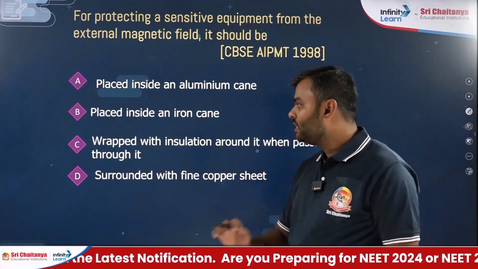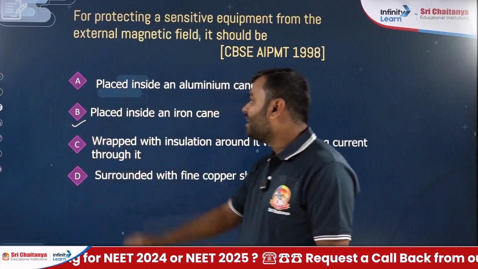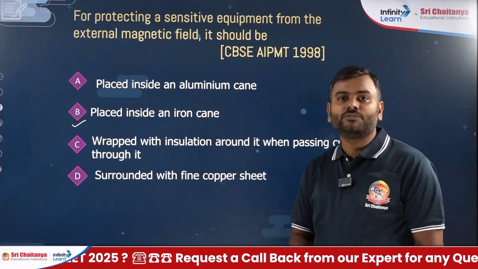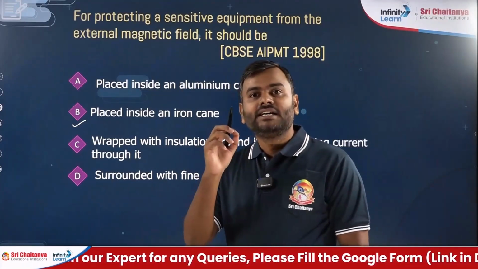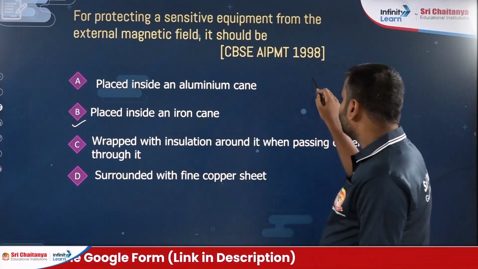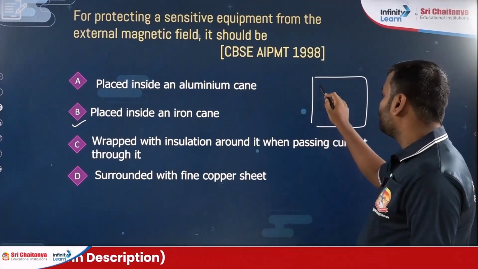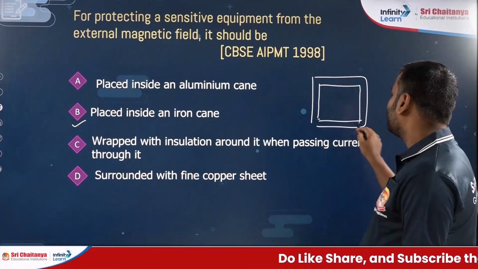So the correct option is that it has to be placed inside an iron can. Why should it be placed inside an iron can? Because iron is a ferromagnetic material. So ferromagnetic material has what? Its permeability is very high.